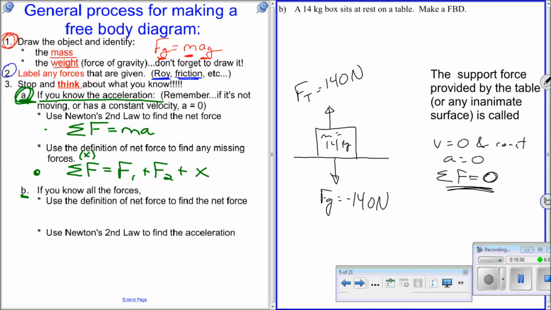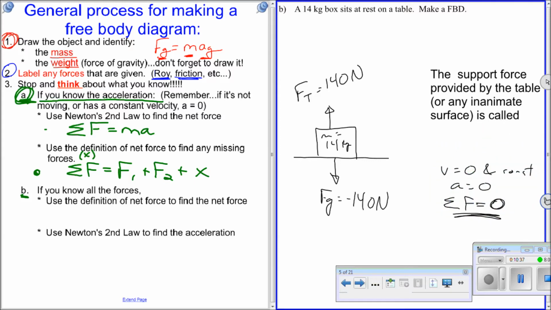Now, we are not going to call that force the force of the table. So here we go. The support force provided by the table or any inanimate surface, maybe the box is sitting on a floor, maybe it's sitting on a shelf, whatever. It doesn't matter. It's sitting on some inanimate surface, and we're going to call that normal force.